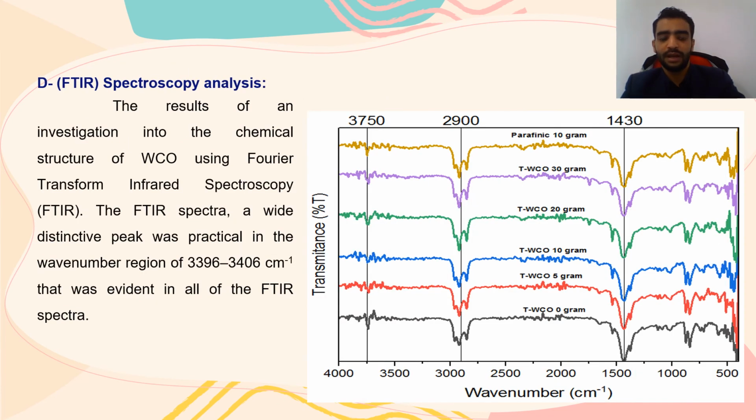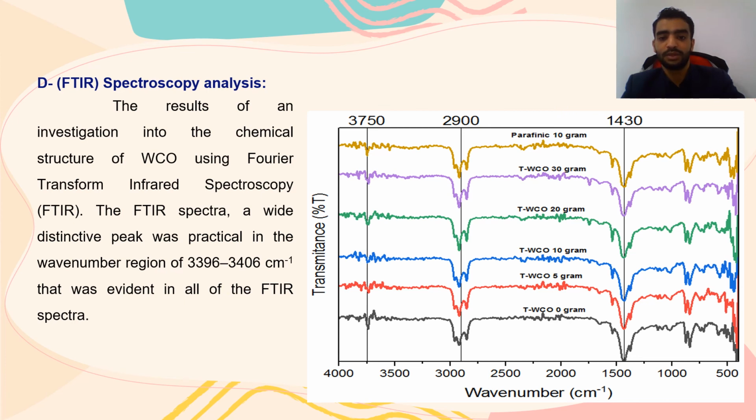Finally, we have the FTIR spectroscopy analysis. The peak at 1448 centimeter has been attributed to deformation of methyl group CH, and it is associated with the transesterified cocoa oil as well as the natural rubber chain structure.